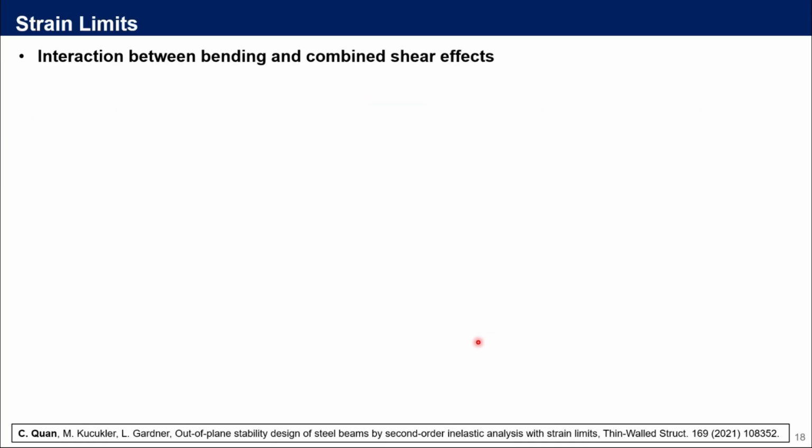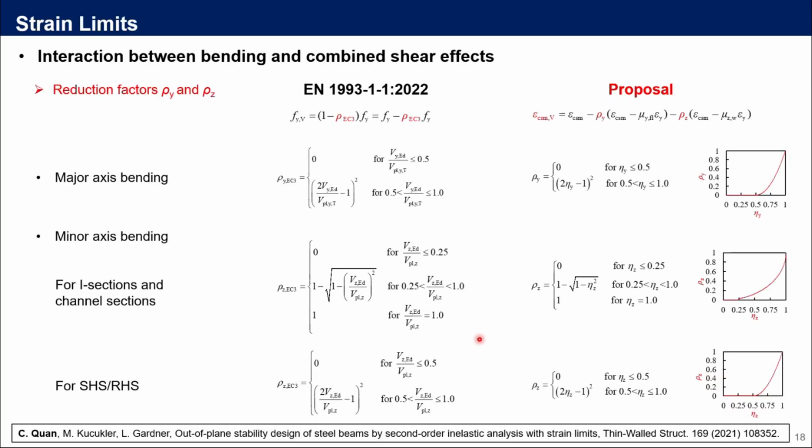And the next step is to consider the interaction between bending and the combined shear effects due to both shear forces and torsion. So here, according to Eurocode, to consider the adverse effect from the high shear forces on the design bending resistances, we need to use the shear reduced yield strength to replace the original yield strength based on these reduction factors.